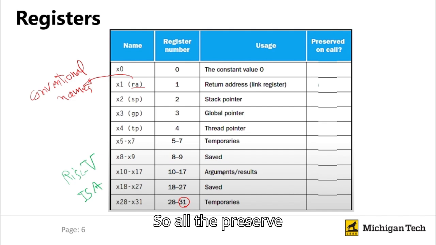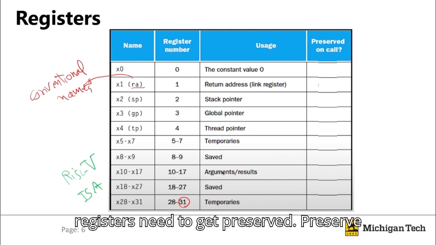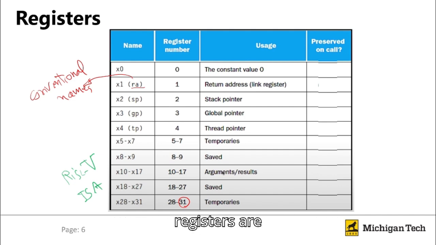So all the preserved registers need to get preserved. Preserved registers are these. X0 is always 0, so this is not applicable.